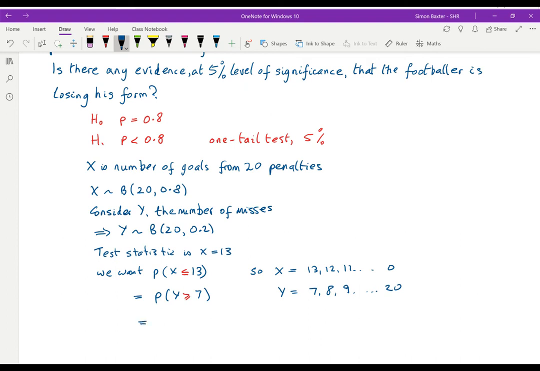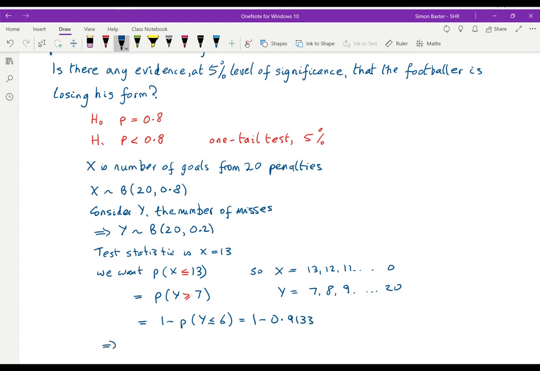Looking in the tables, this is just 1 minus the probability that y is less than or equal to 6, which is 1 minus 0.9133.